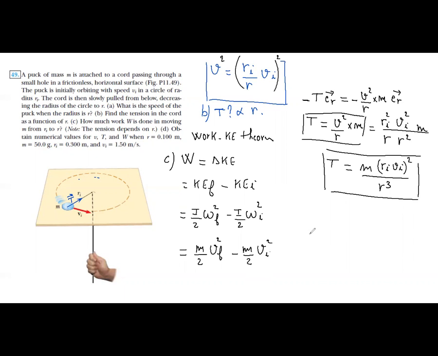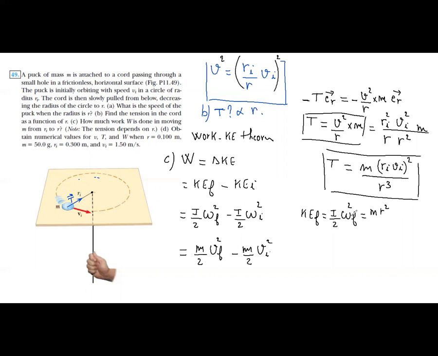Why? Because the kinetic energy final equals I over 2 omega final square. I of the mass M equals I CM plus M D square. We don't have I CM because the axis is not passing through the mass M. So we have only M times R square.